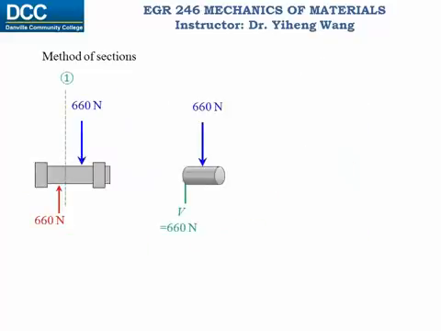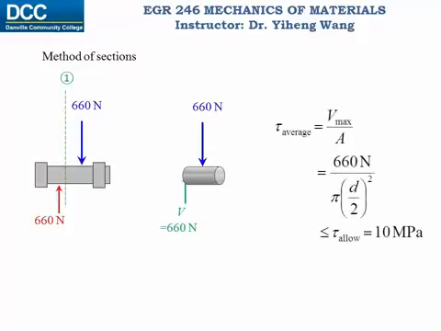Therefore, through analysis, we see that the maximum internal shear force now is 660 newtons, and if we carry out the calculation, we get that the minimum required diameter is 9.17 millimeters, which is more than 40% larger than the previous pin diameter. So ask yourself, would you choose double shear or single shear in your design?